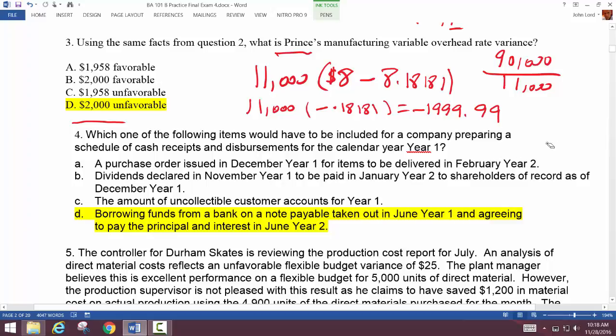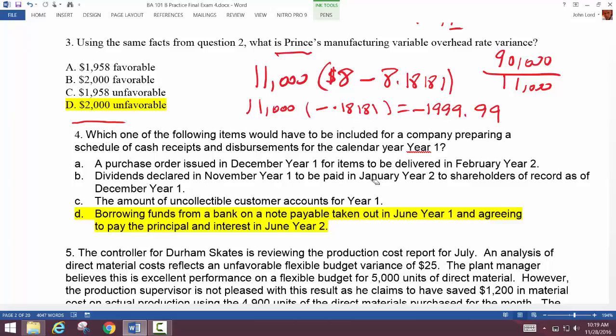Well, we're going to have to pay for those items in year 2. So that's relevant to year 2, isn't it? Number B, dividends declared in November year 1 to be paid in year 2. Well, that's going to require cash in year 2. So far, we're looking for the thing that's going to impact year 1.